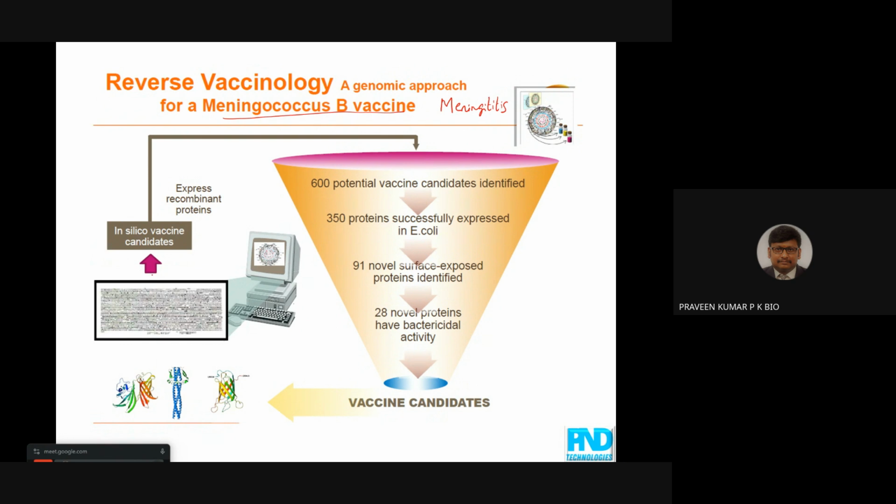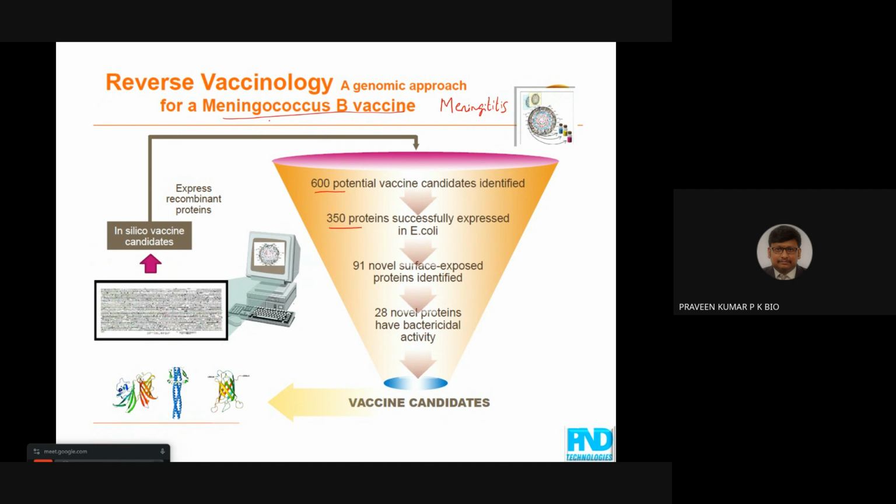Ultimately, we want the 3D structure of proteins from any of the omics or any of the structure-based depositions, and we take these structures of target proteins. Initially, they selected 600 potential vaccine candidates. But when they tried the recombinant technique to scale up, they got only 350.